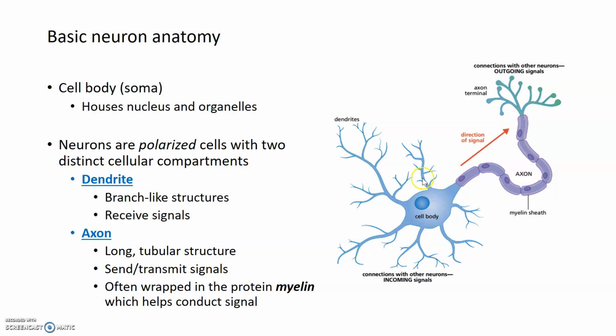Those signals are then integrated in the cell body, or the soma, which houses the nucleus and other organelles, and then those signals can be transmitted down this long tubular structure called the axon, whose job is to send or transmit the signals to other neurons or other cells. And axons are normally wrapped in a protein called myelin, which helps insulate those axons and conduct the electrical signal that they're sending.